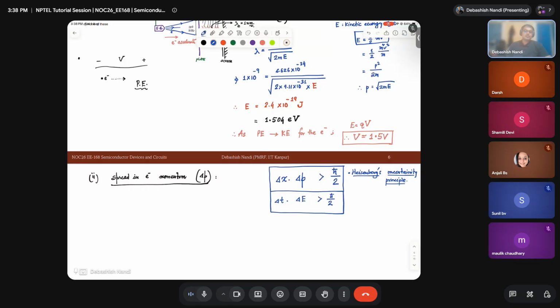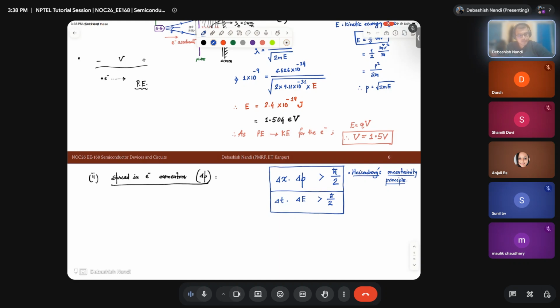So what does Heisenberg's uncertainty principle mean? Anyone? We have been reading this since plus 2, right? This means that, yeah, please go ahead. So it is impossible to know both the position and momentum of a particle at the same time.